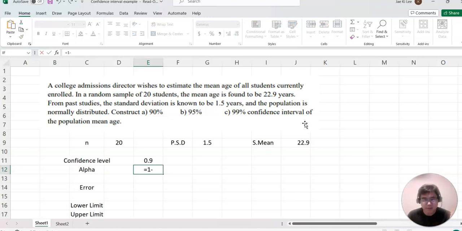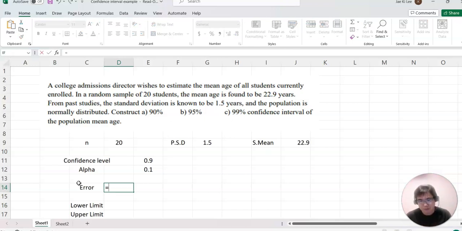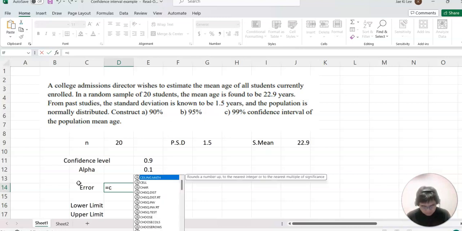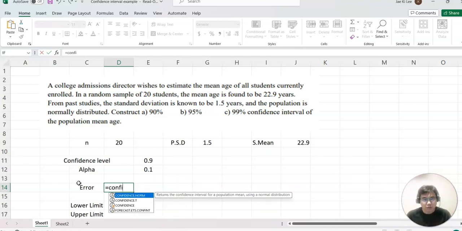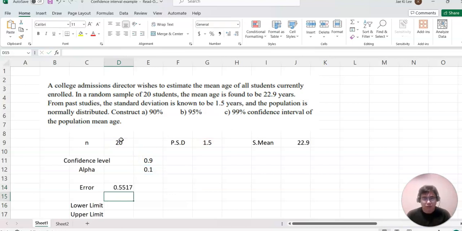Then we are ready to find the error first. Because we know the population standard deviation, we are using the normal distribution. So please type CONFIDENCE.NORM, and then we type alpha first, then standard deviation, and then size here. That's basically the error for this question.